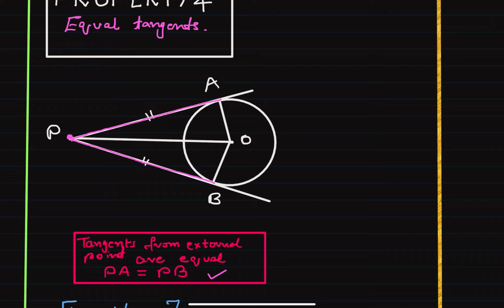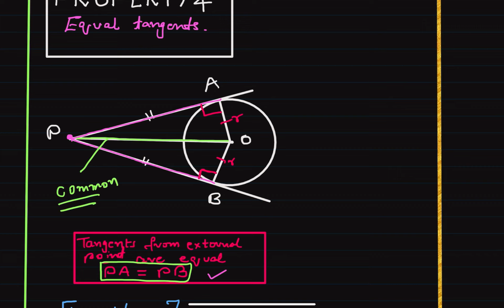And you need to understand one thing, that I know that a tangent always makes 90 degrees with the radius, and if this is radius and this is radius, they are equal. And according to this property, the lengths of these two tangents are equal, then the last line in these two triangles, OP and OP, is a common side for these two triangles, right?